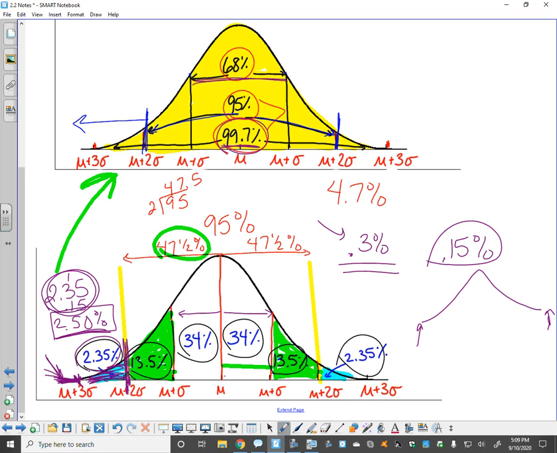So if that's 95%, then I know that I have 5% left. Well, that's in 2 different wings. So if I chop that in half, that gives me 2.5% in each wing. That's below 2 standard deviations or above 2 standard deviations. So you get the same answer that way. Okay, if that's not sitting well, is that some good crunchy math? Pause it, rewind it, go watch that again, and make sure that sits okay.